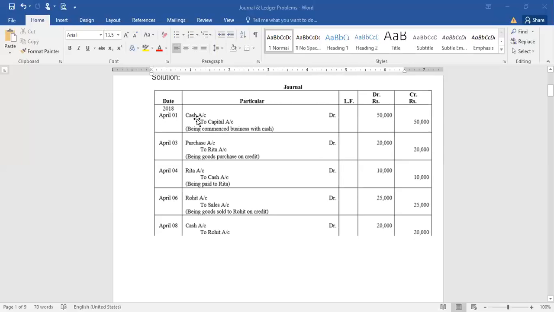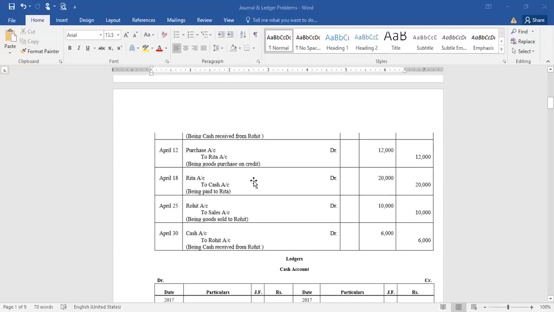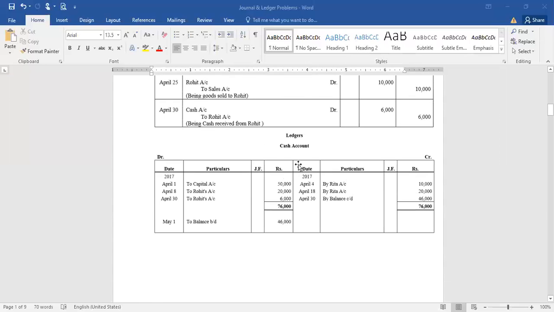So we will open a cash ledger account. Capital account is credited here. See how the entry will be passed. To capital account, since capital account is credited, the cash account will be written on the debit side, the opposite side.